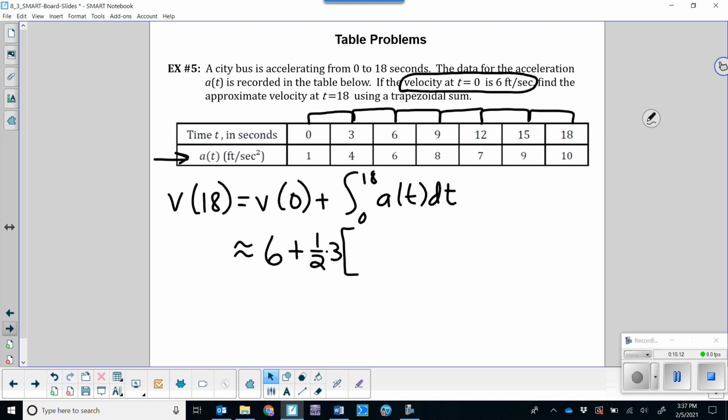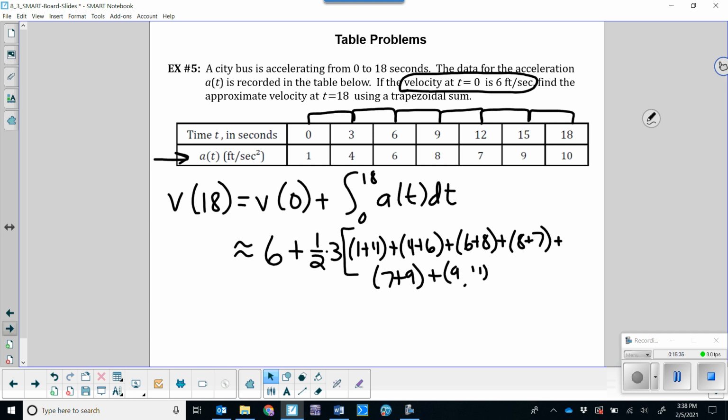So you can memorize a formula, or you can just do it this way. So I would just say 1 plus 4 plus 4 plus 6 plus 6 plus 8 plus 8 plus 7 plus 7 plus 9 plus 9 plus 10.